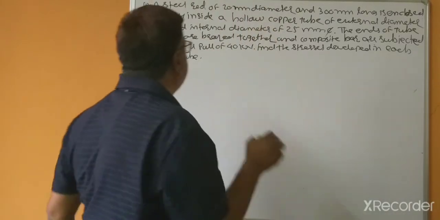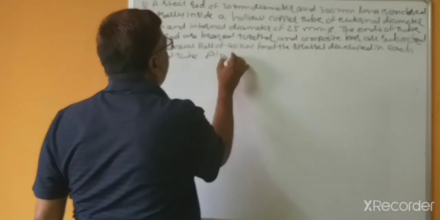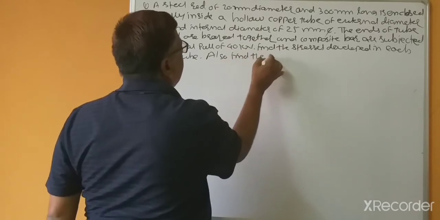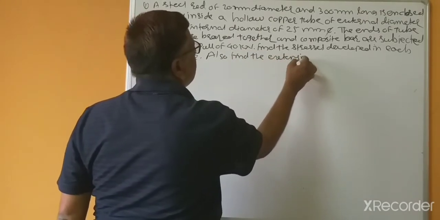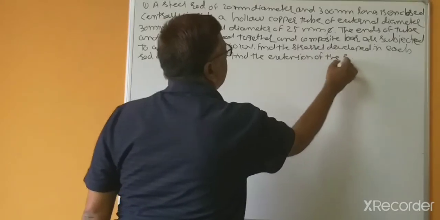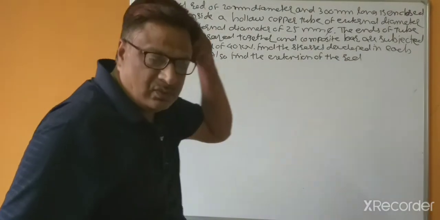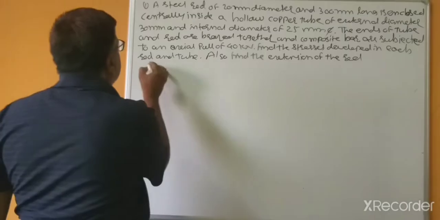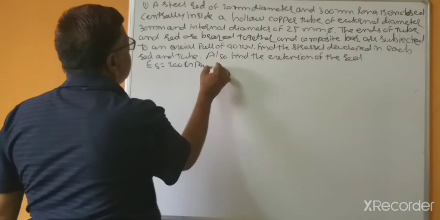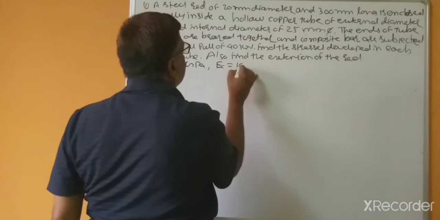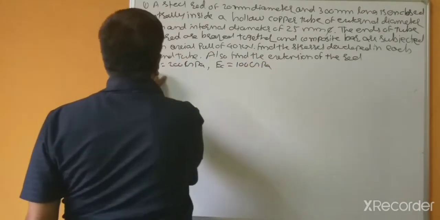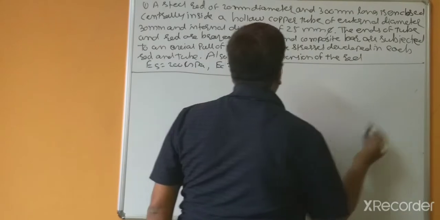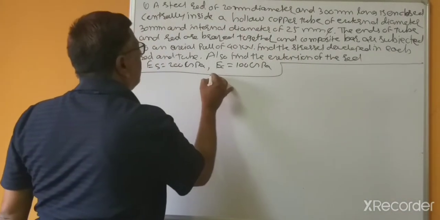Also find the extension of the rod. Now take ES equal to 200 gigapascals and EC equal to, I think, 100 gigapascals. This is given.